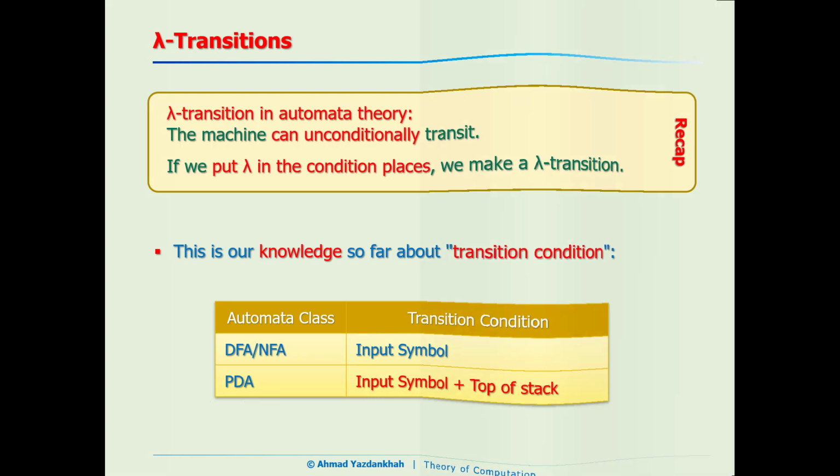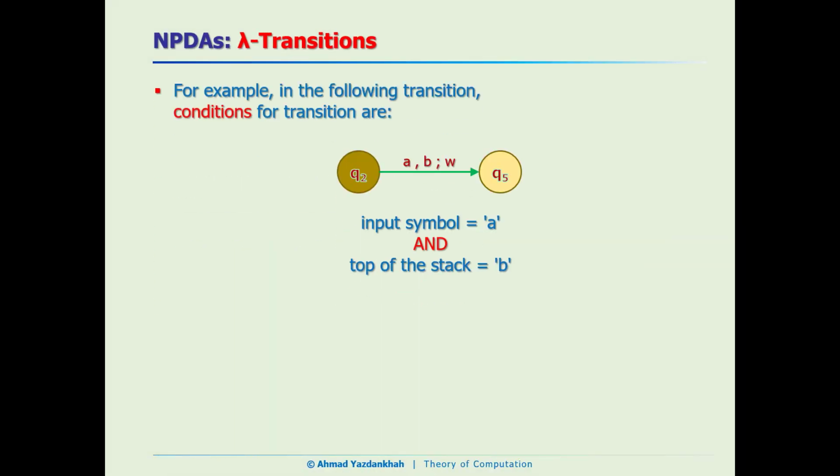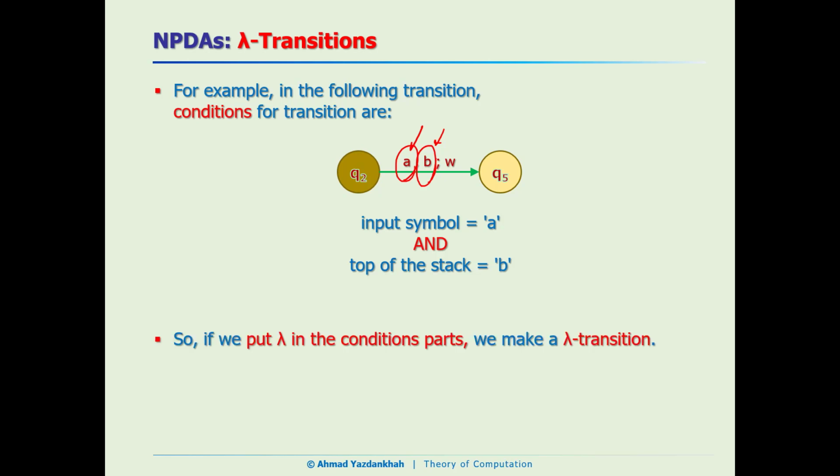Let's look at this example. We have A and B. This one comes from the input symbol, and this one is the top of the stack. Both are conditions for transition, so we need to put lambda on both of them.